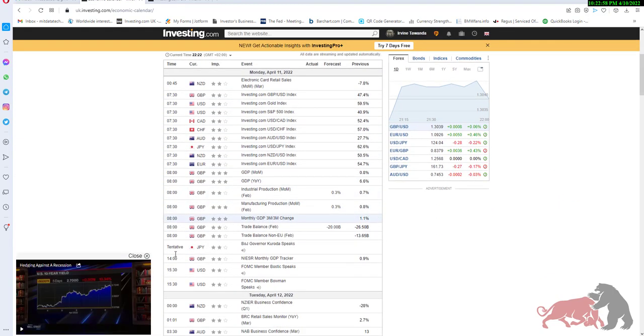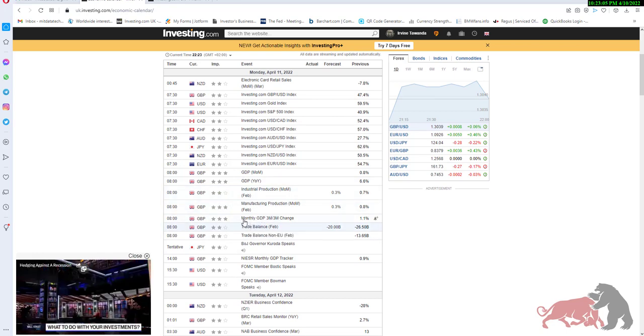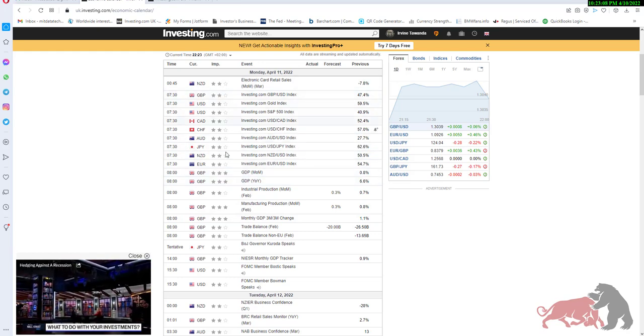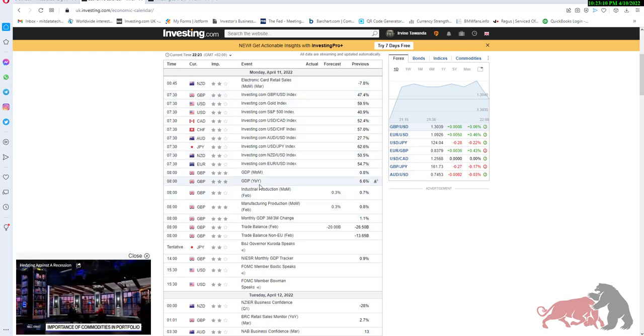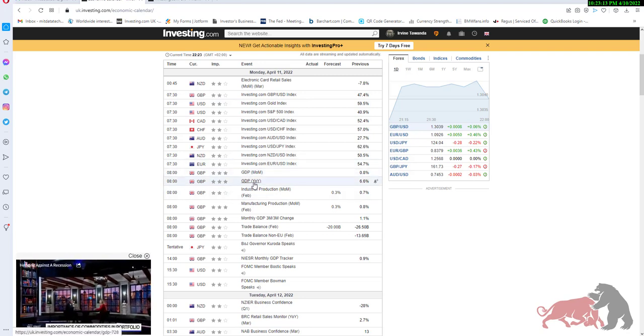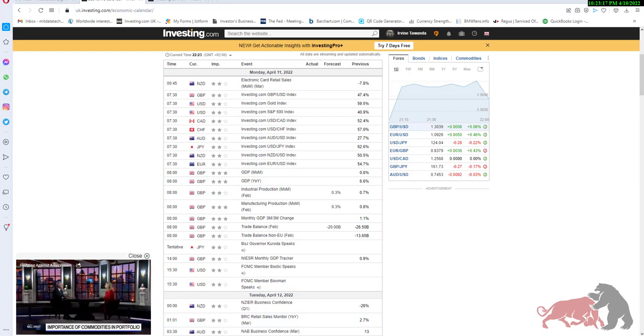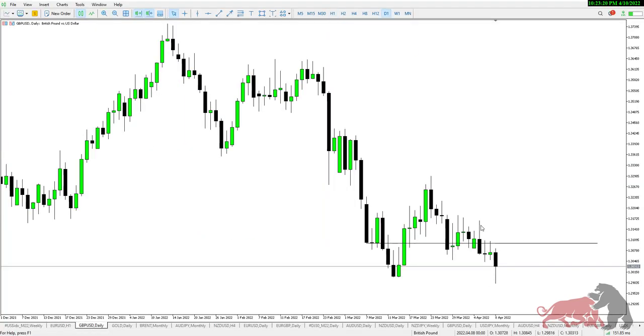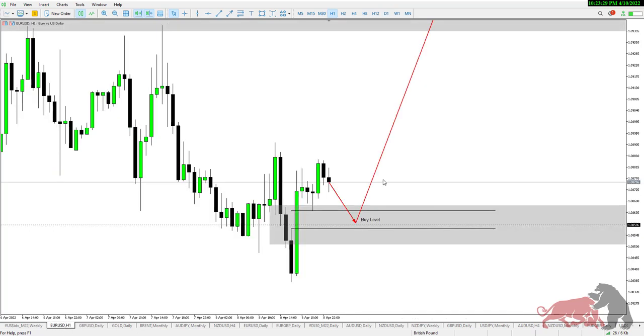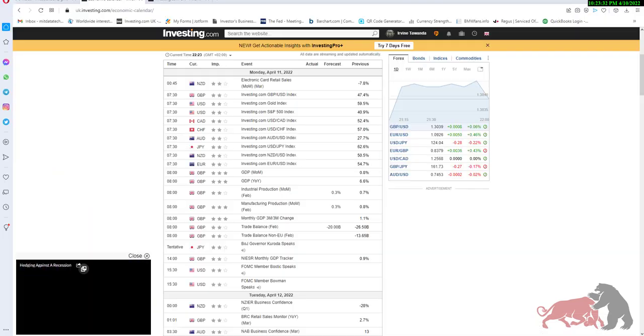Tomorrow is Monday, and we've got pound news, GDP 3-month change. Do we have any euro news here? GDP for the pound. Expect these numbers to be positive. And if these GDP numbers for the pound are positive, then this becomes a valid stop hunt, and we should see pound also push to the upside, thereby taking euro with it.